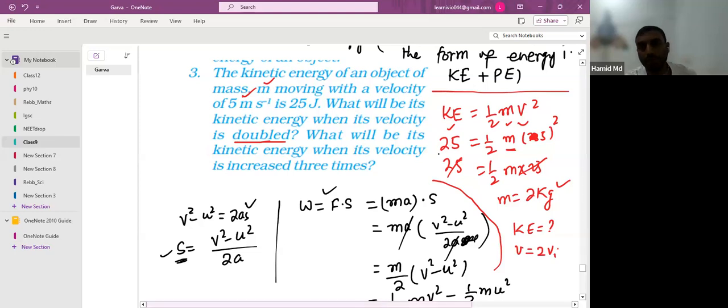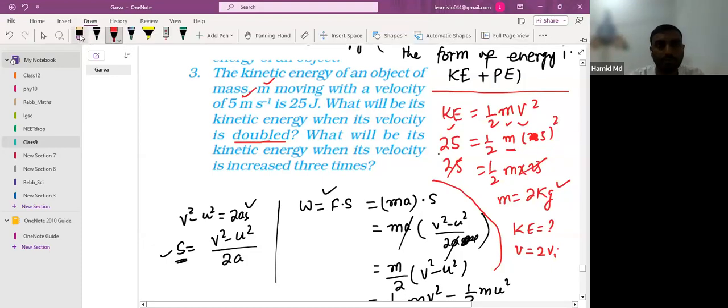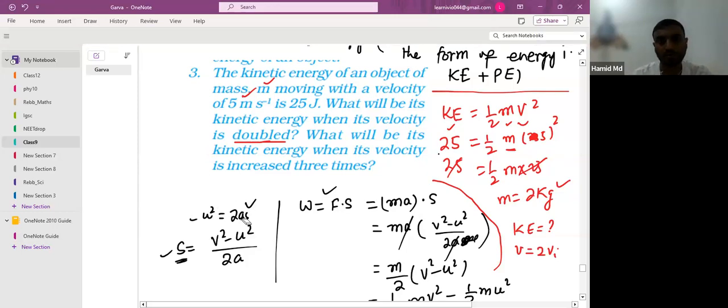See, I'm going to solve the first part, and the next part you have to do. For that, I am removing the space beneath the question.